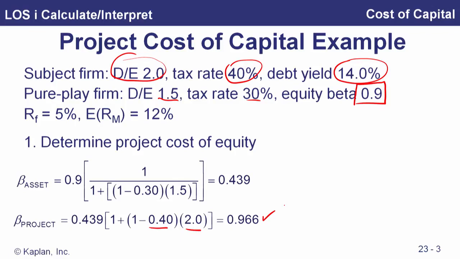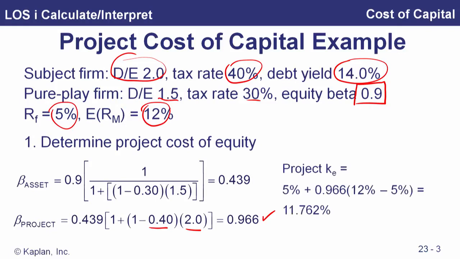Well, once we have that, then we need the risk-free rate and the expected return on the market, so we can plug that project beta of 0.966 into our capital asset pricing model formula. And there it is there. We expect to earn 5% plus 0.966, which is really close to 1 unit of market risk, times that market risk premium. Here's 7%, the difference between the expected return on the market and the risk-free rate.